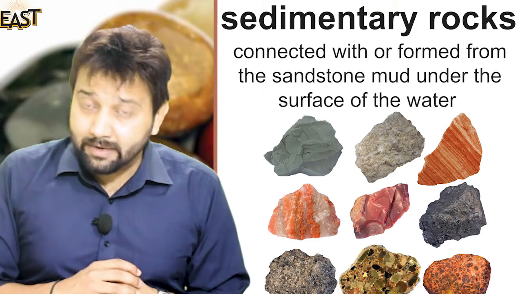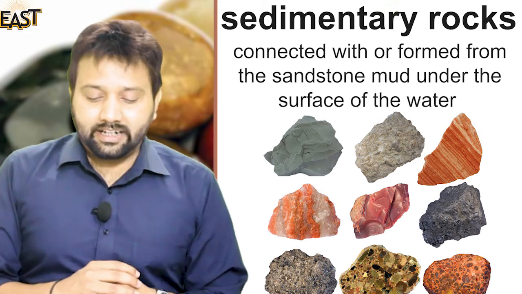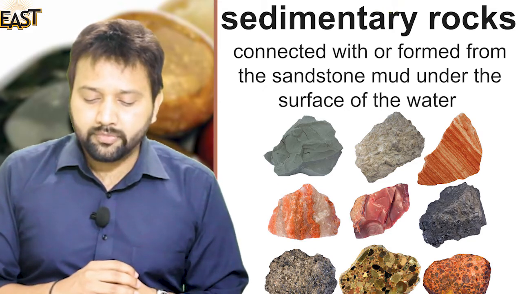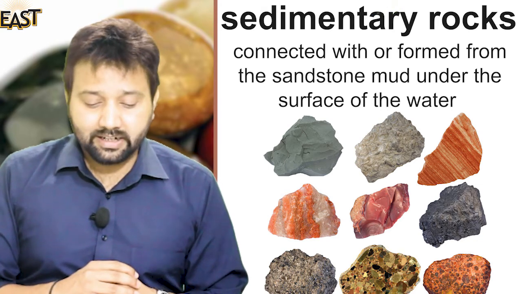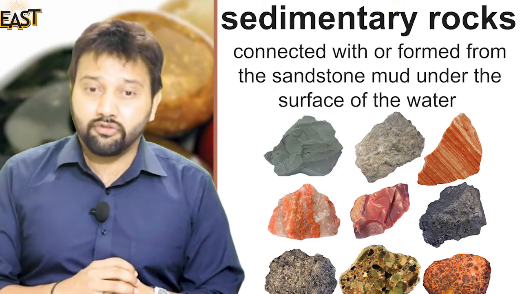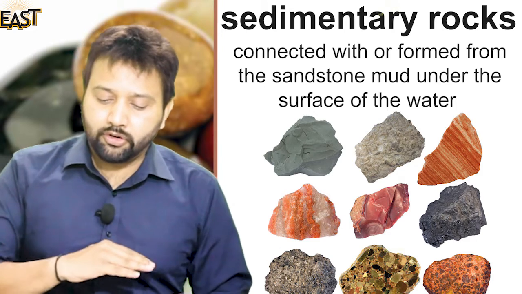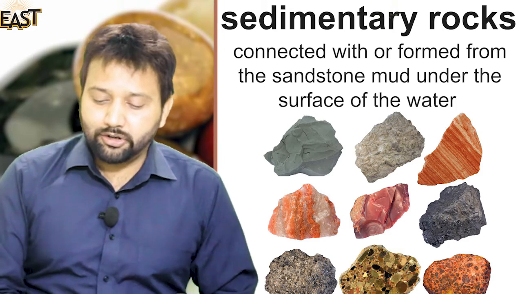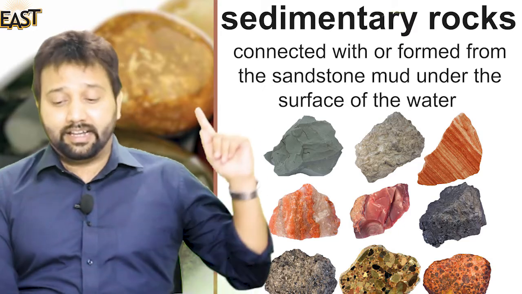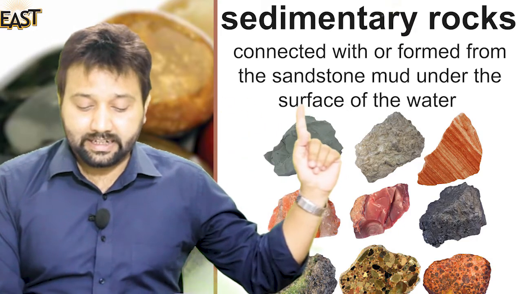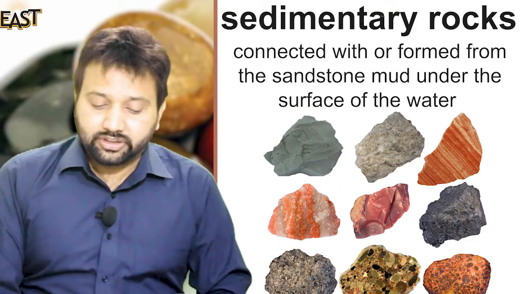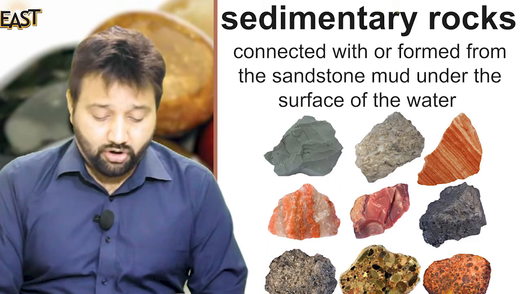So what are sedimentary rocks? Connected with or formed from the sand, stone, mud under the surface of water on the floor of lakes and ocean. For example, clay, sandstone, and so these are called sedimentary rocks.